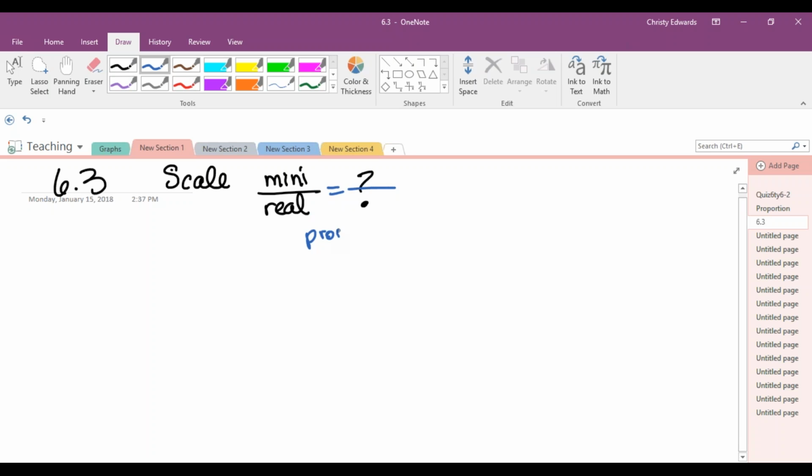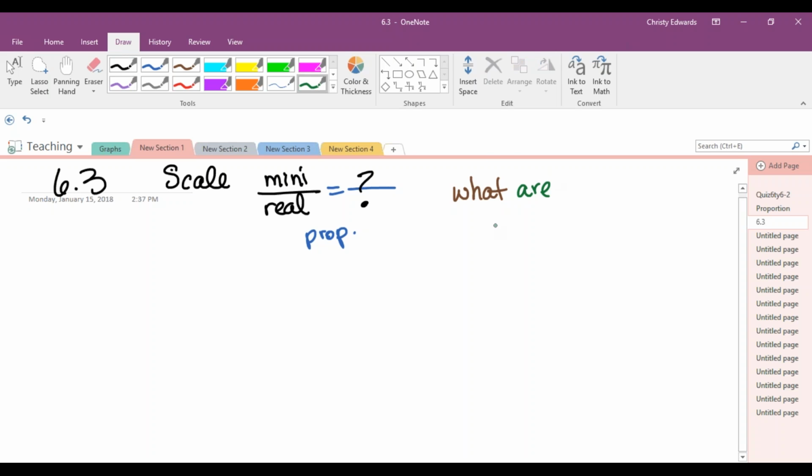That's always a proportion. But I do think this homework is hard, not because it's terribly hard to set up a proportion maybe, but because you might be asking yourself, what did they want me to do? What are they asking? So let me help you.